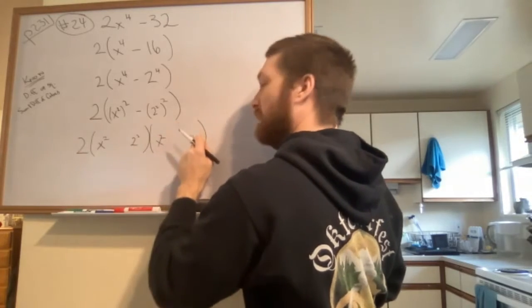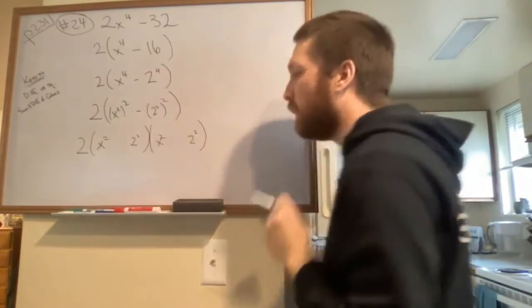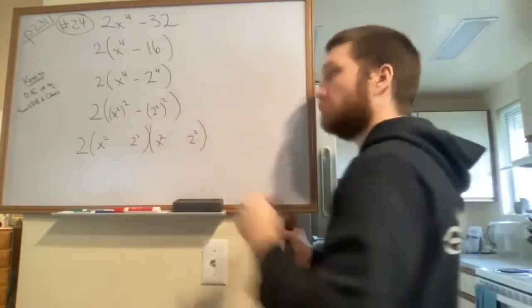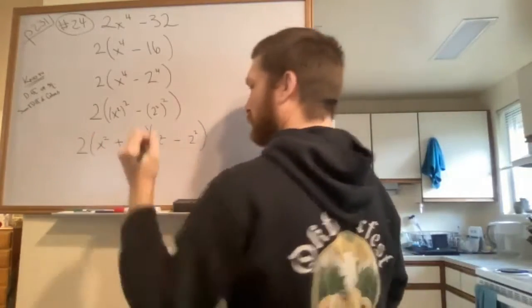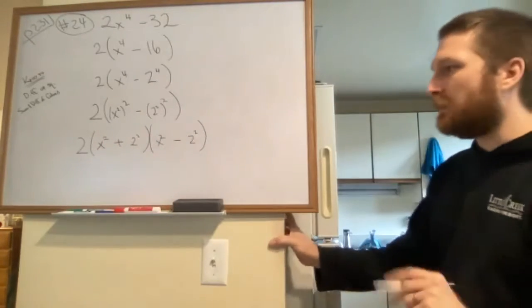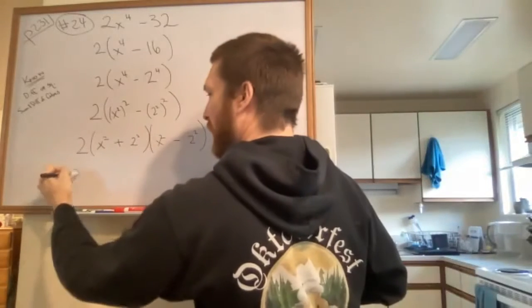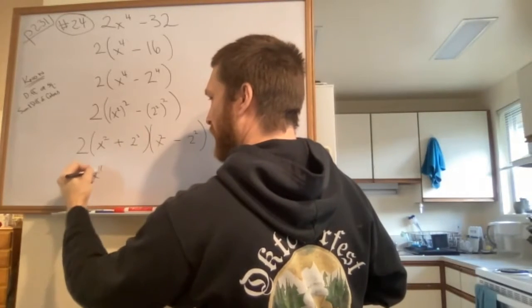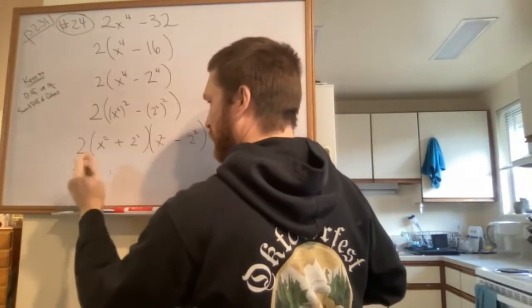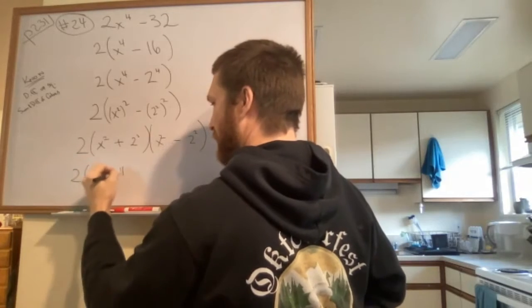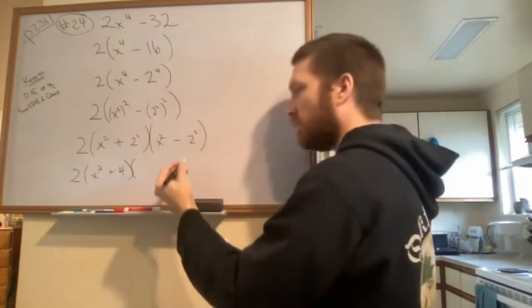And then what? Plus and minus. Are we done? No. And so then you have, let me write this, and I'm going to go ahead and write it as 4. Okay.